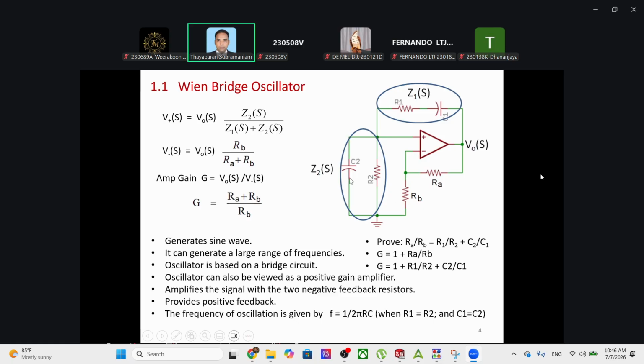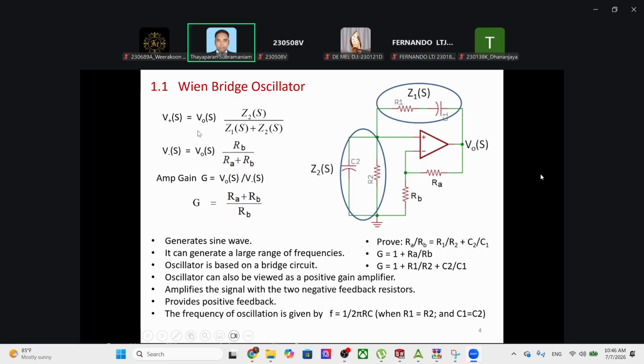And also, when you try to reduce C1, C2, R1, R2 to increase the frequency, what will happen? In the negative feedback and positive feedback paths, where we have complex impedances Z1 and Z2, the current through the positive feedback will reduce, isn't it? When you reduce the R1, R2, C1, C2 values, the current through the positive feedback is reduced. Then it becomes comparable to the non-inverting input current.